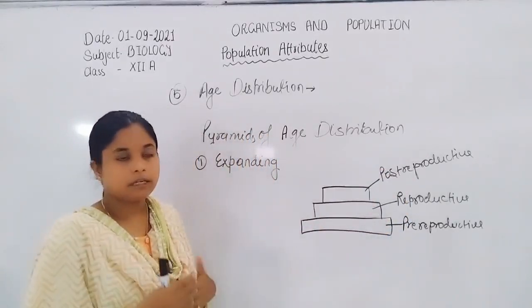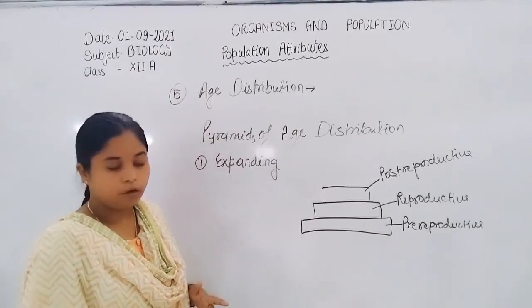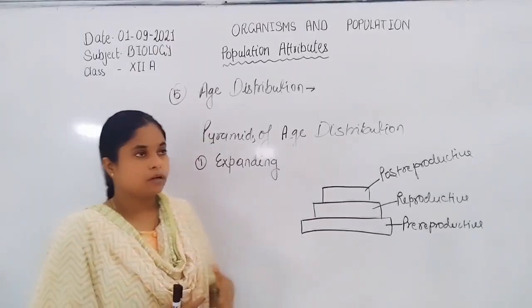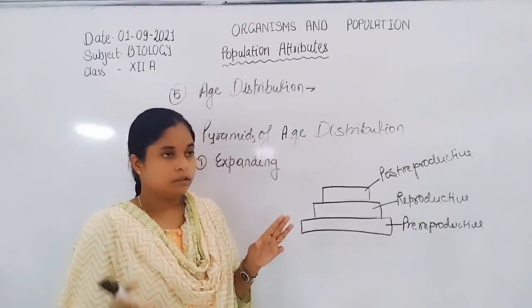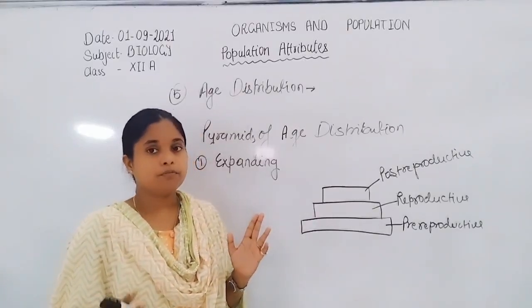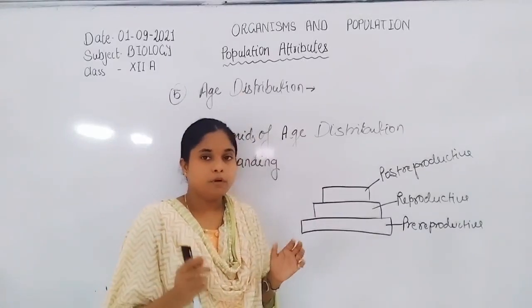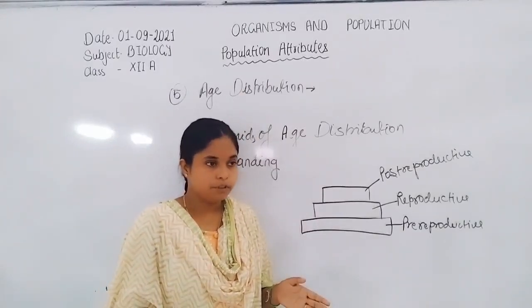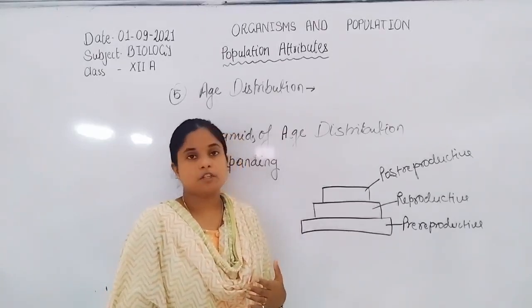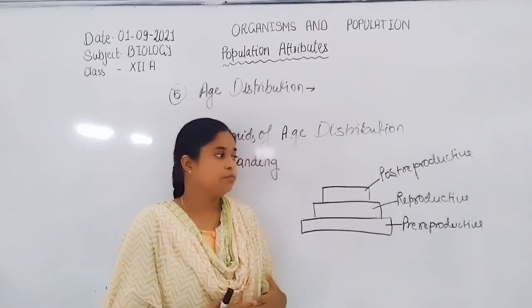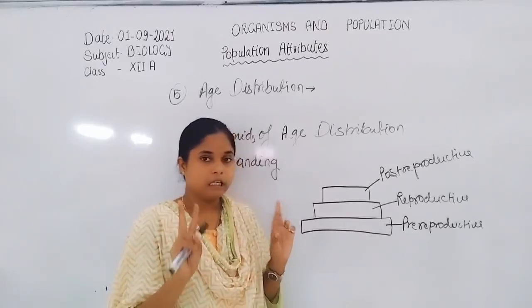If we take the example of humans, if a human couple has four children, that type of graph always represents an expanding population, because the number of offspring is more than the couple.